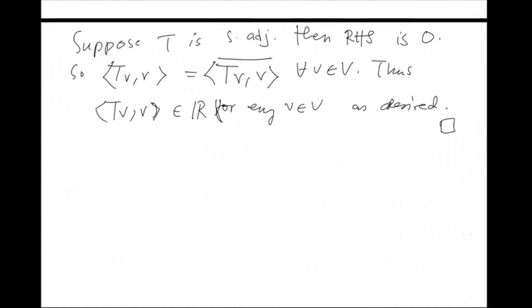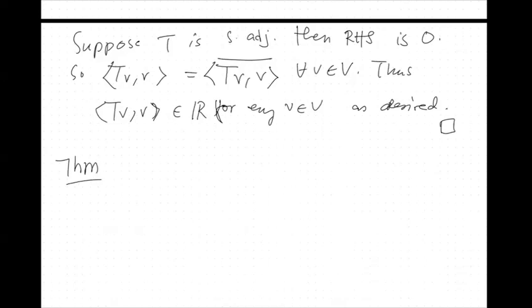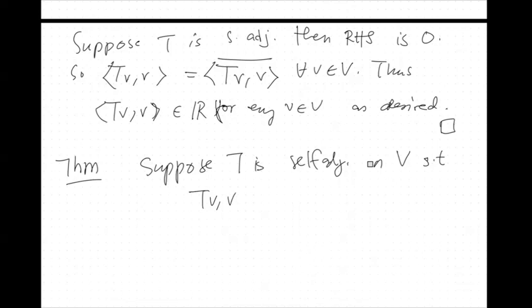So let us state that as a theorem. Suppose that T is self-adjoint on V such that TV, V is 0 for all V. Then T is 0.